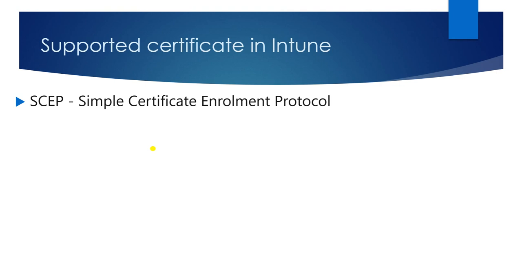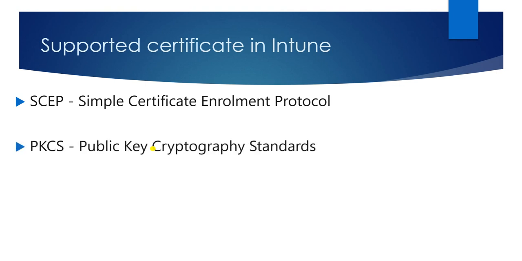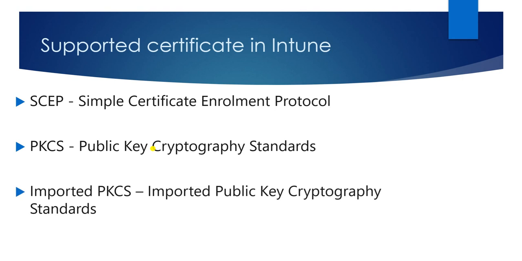SCEP stands for Simple Certificate Enrollment Protocol. The second one is PKCS, which is called Public Key Cryptography Standards, and third is imported PKCS. So again it's imported Public Key Cryptography Standards.